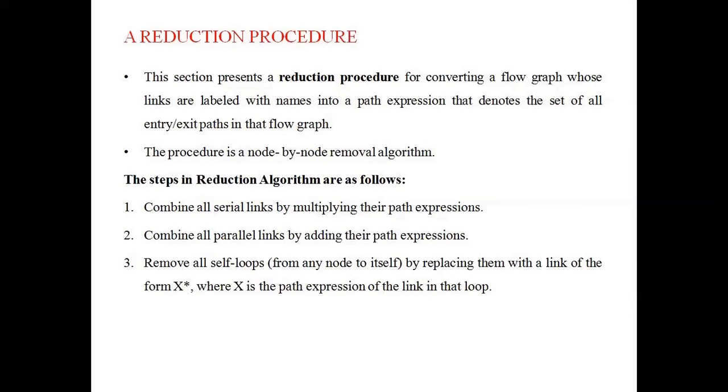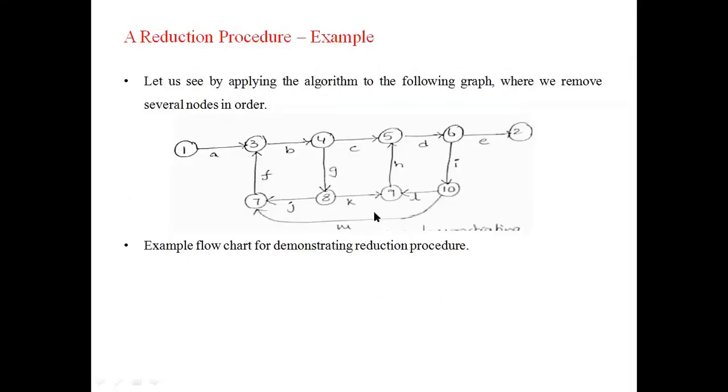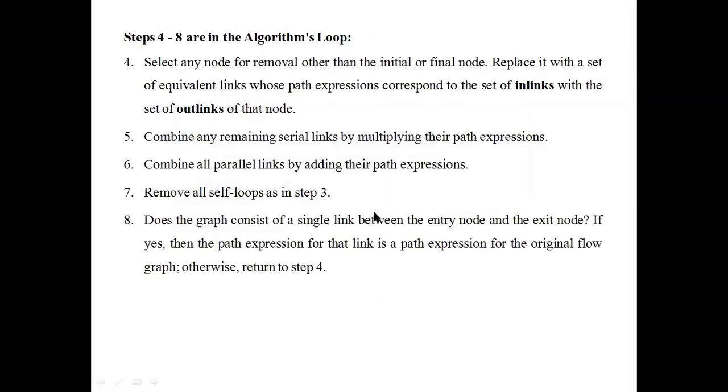Initially one node is removed, and then that particular node's related paths are added to the remaining nodes. Then the next node will be removed. This is done repeatedly up to the entry and exit points. Entry and exit points are the last points where links remain. We have seen this in the last example.